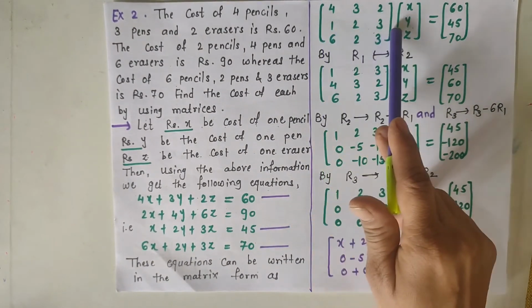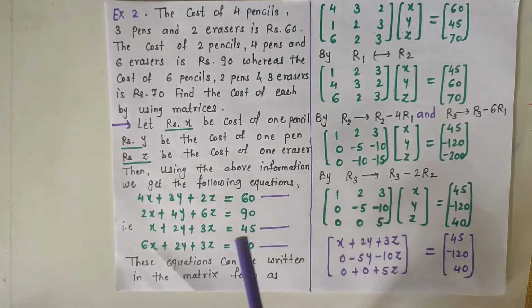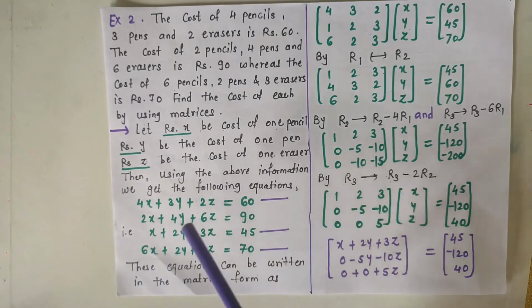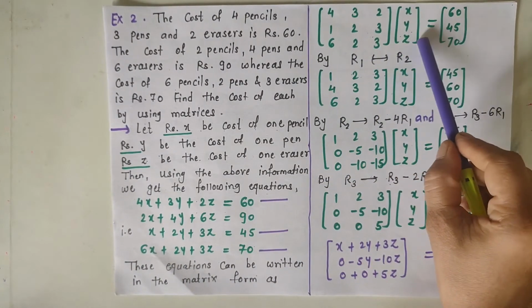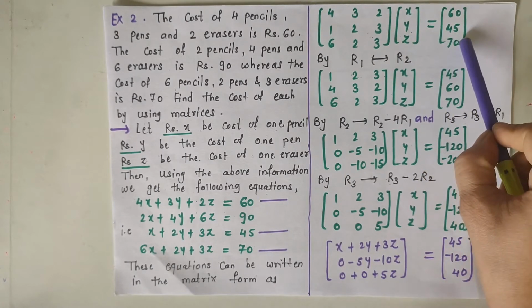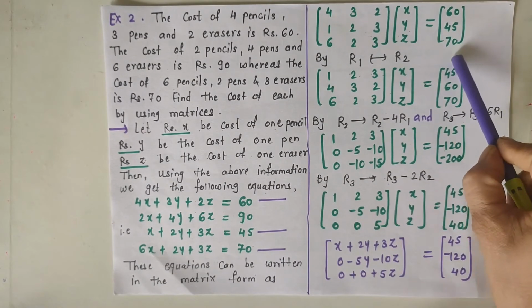The second row is 1, 2, 3, and the third row is the coefficients of the third equation: 6, 2, 3, multiplied by the variables x, y, z, equal to the constants 60, 45 and 70 in column matrix form.